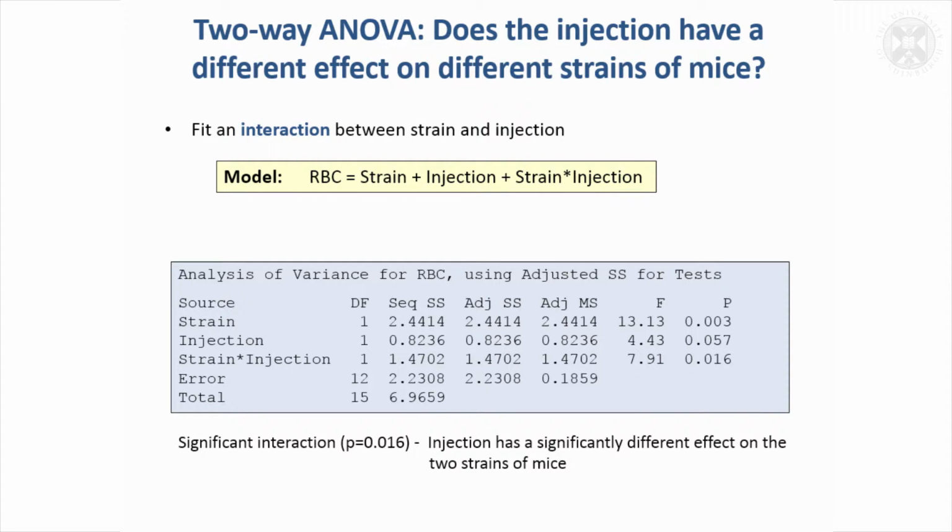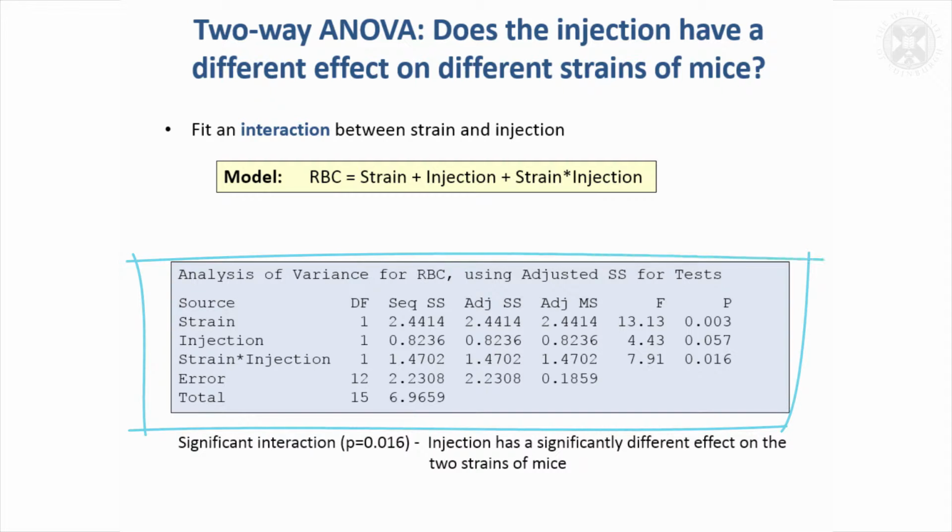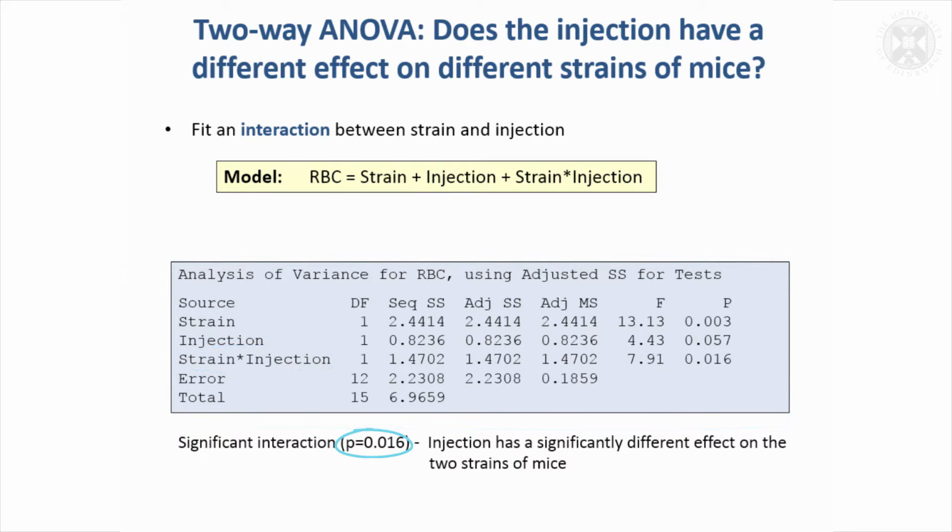So we get out an analysis of variance table looking something like this, and the main difference is we've now got a 3rd row added in to address that interaction, and we find a significant p-value. This p-value is less than 0.05. So this has shown us that the injection does have a significantly different effect on the 2 strains of mice.